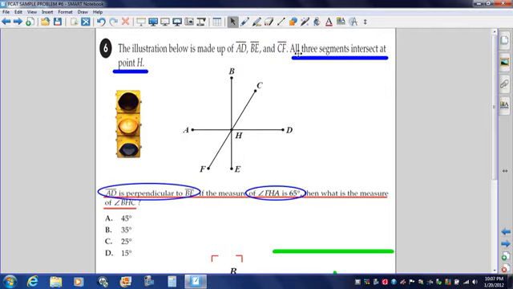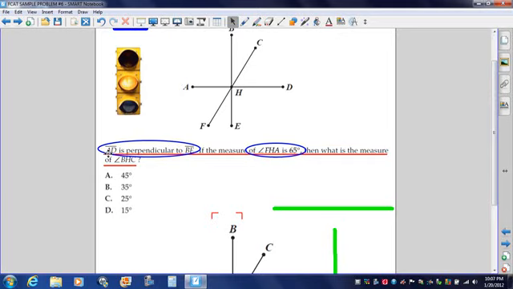So if you would on your packet, please underline all 3 segments intersect at point H. And I'm also going to underline line segment AD is perpendicular to line segment BE. And I'm going to underline if the measure of angle FHA is 65 degrees, then what is the measure of angle BHC? I'm also going to circle, box, line segment AD is perpendicular to BE, and I'm going to circle or box angle FHA is 65.